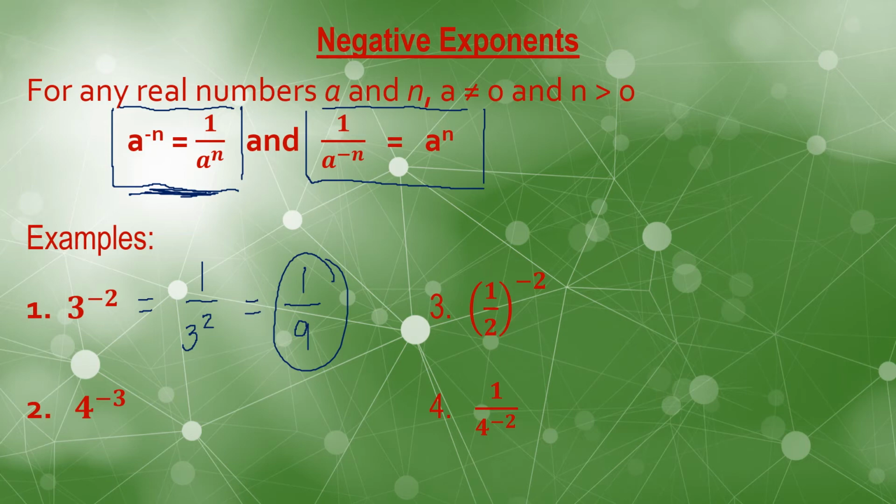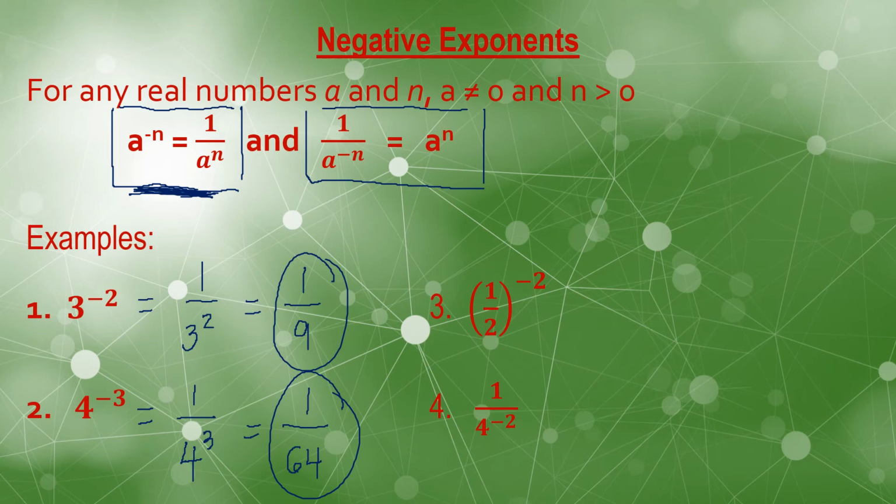Let's have another example. 4 raised to negative 3. So to get rid of the negative exponent, applying this principle again, we have 1 over 4 raised to the 3rd power. Simplifying, we have 1 over, what is the value of 4 cubed? 4 cubed means 4 times 4 times 4, and that is equal to 64. Therefore, 4 raised to negative 3 is equal to 1 over 64. Let's have example number 3.